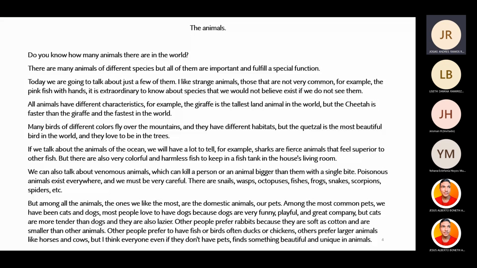Other people prefer to have fish or birds, often dogs or chickens. Others prefer larger animals like horses and cows. But I think everyone, even if they don't have pets, finds something beautiful and unique in animals.